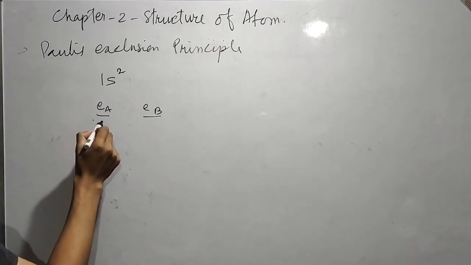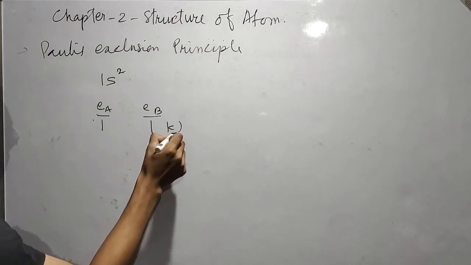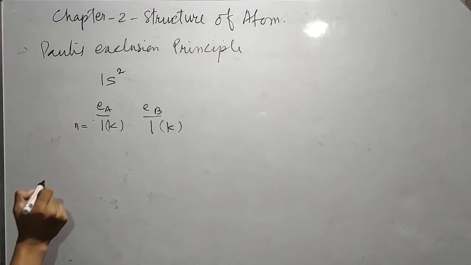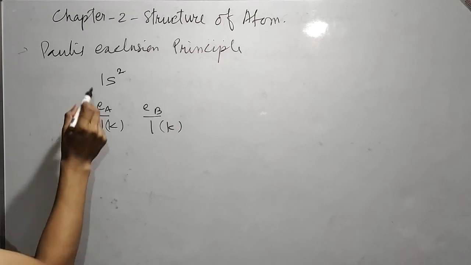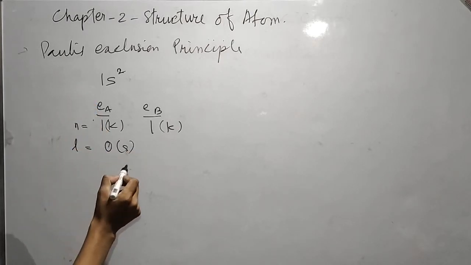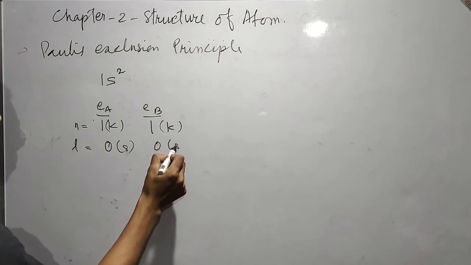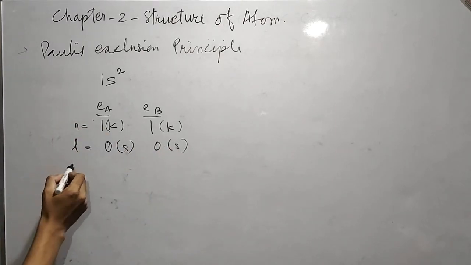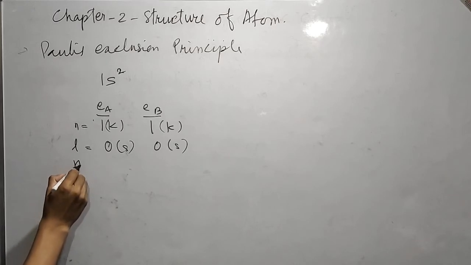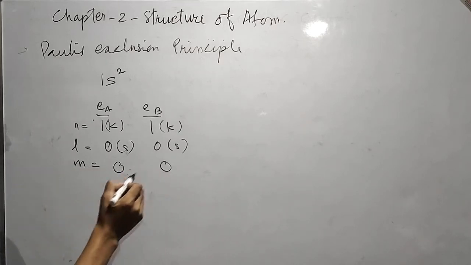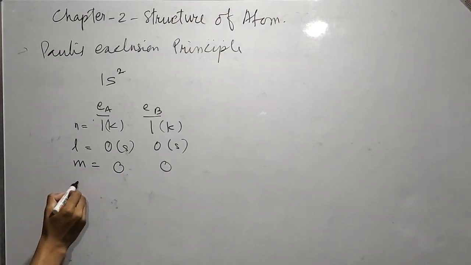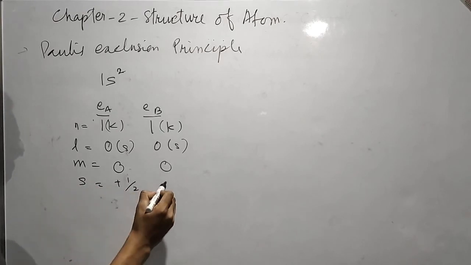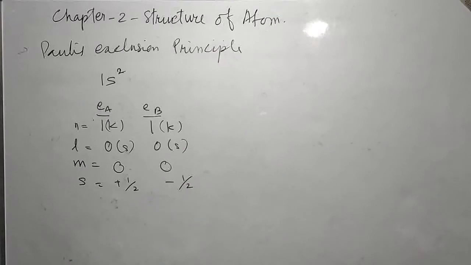Both are present in the first shell, that is the K shell, so n is equal to 1, then l is equal to 0, which means s orbital, both are present in the same orbital. Then m is also 0 for both of them. Then spin, one of them will have plus half, the other will have minus half.